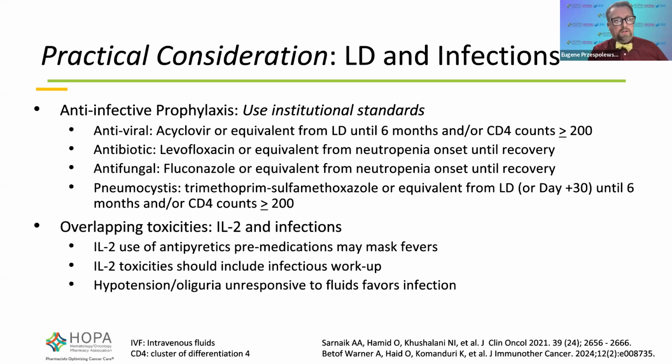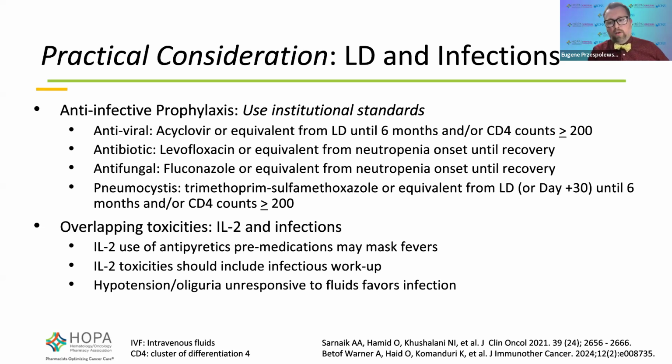Nonetheless, I think the myelosuppression is there, and so anti-infective prophylaxis is a good idea. So things like antiviral, antibiotic, antifungal prophylaxis is important, as well as PCP prophylaxis. The endpoints of these prophylactic strategies will vary depending on what we're preventing. But for things like antibiotics and antifungals, when count recovery is there, I think those can peel off.